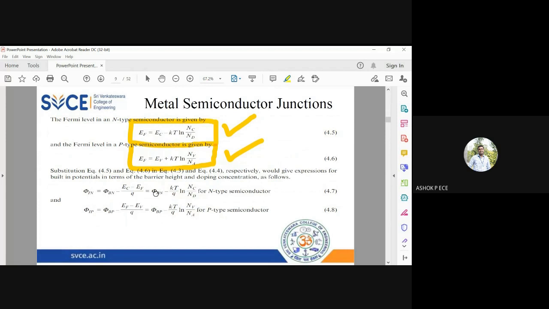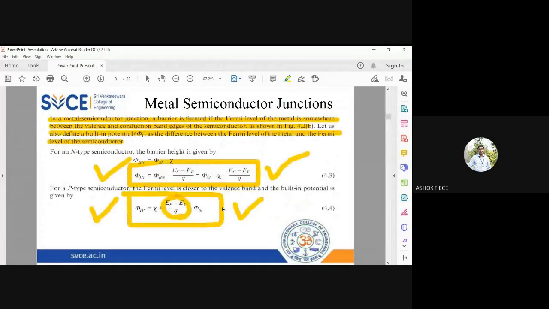So I get phi bn minus KT by Q ln NC by ND for an n-type semiconductor. And EF minus EV is going to be KT ln NV by NA. So phi 1p is going to be phi bp minus EF minus EV by Q. That is going to be phi bp minus KT by Q ln NV by NA. This is for a p-type semiconductor.